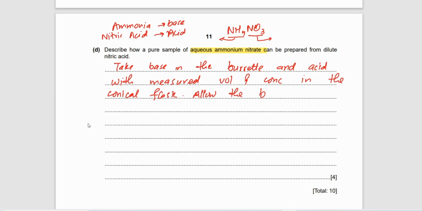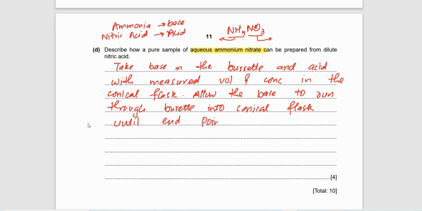Allow the base to run through the burette into the conical flask until the end point is observed by the color change, by using an indicator.